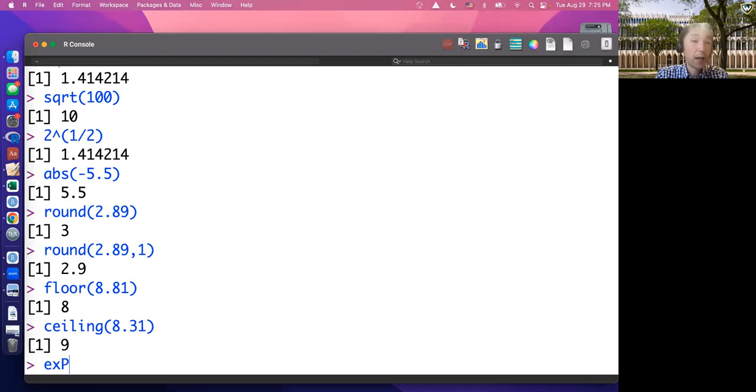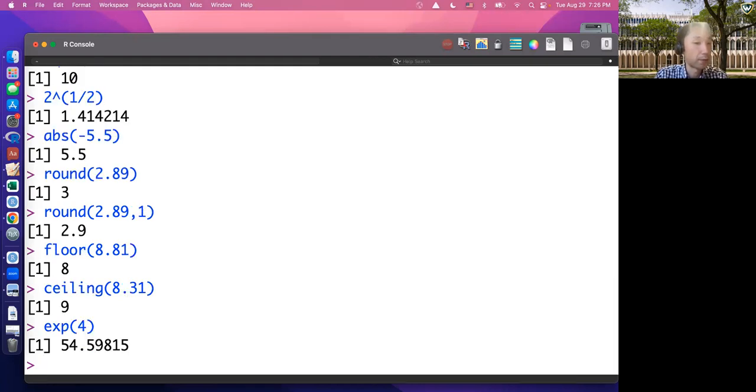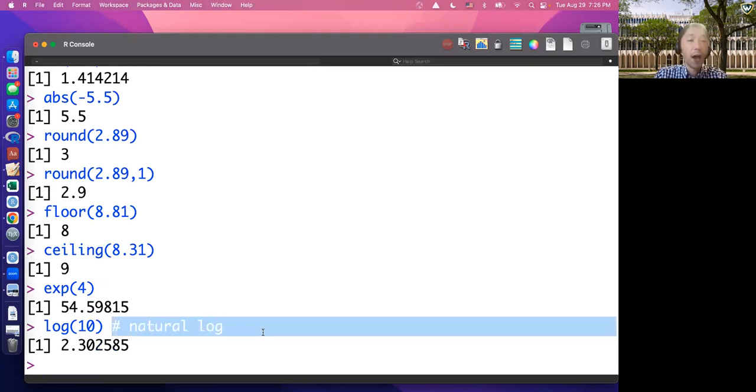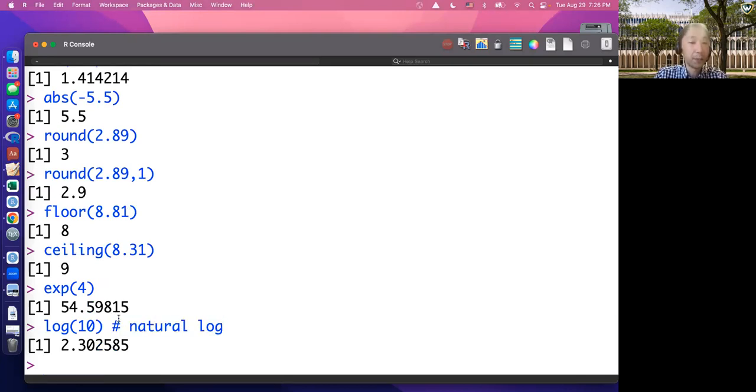So yeah, you can have exponential. You can calculate the exponential of 4 by exp of 4. So exp is included in R. And logarithm, this is the natural log. If you want to add some explanation, you can use the pound key.